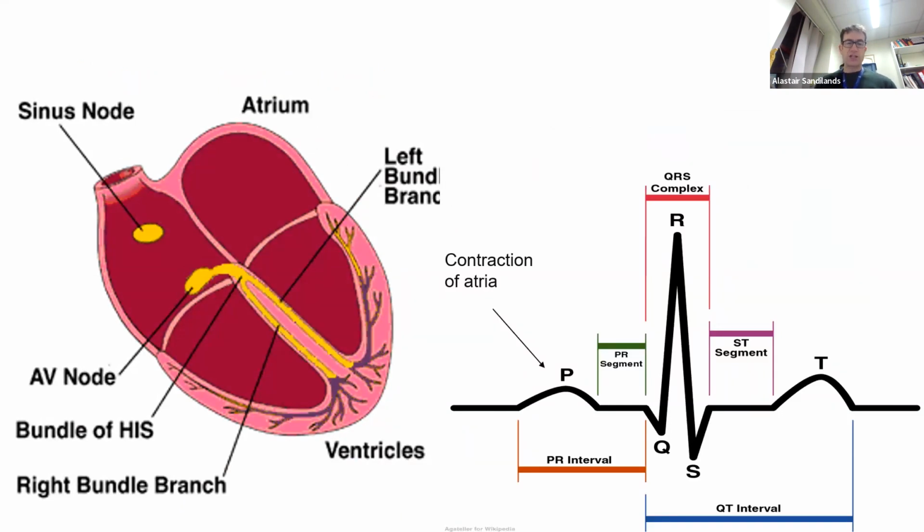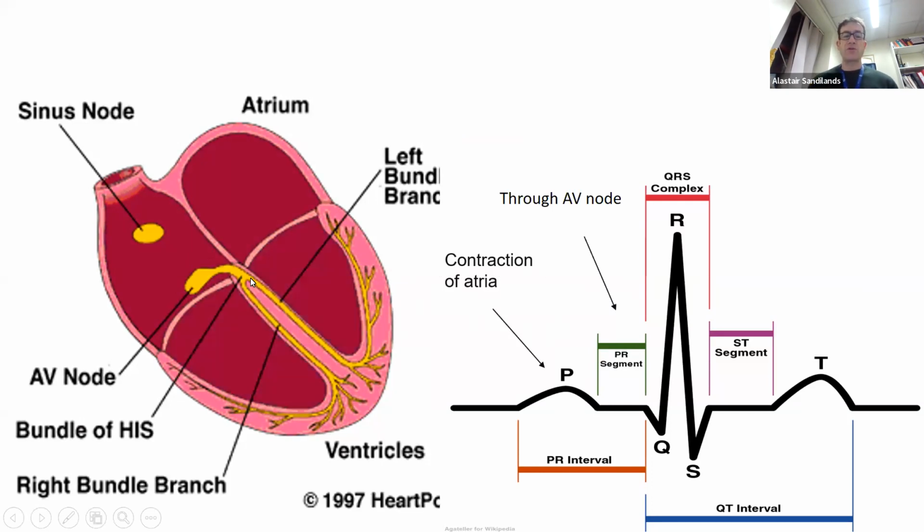Then we have depolarization into the AV node, which will be your PR segment. Then we have depolarization via the right bundle and the left bundle. Don't forget that the left bundle does split into 2 with an anterior fascicle and a posterior fascicle. But for the purposes of this diagram, we've got the right and the left bundle. So that is QRS depolarization.